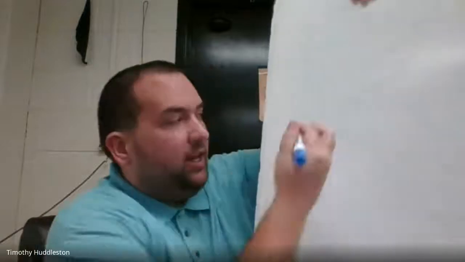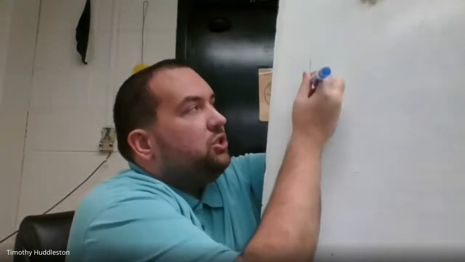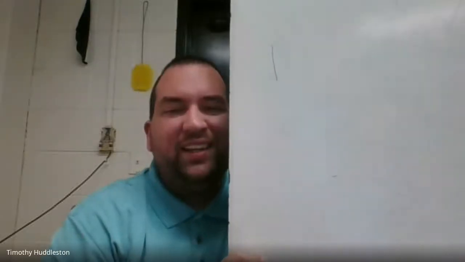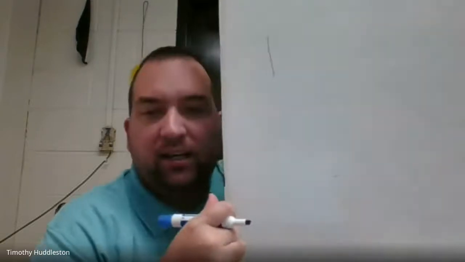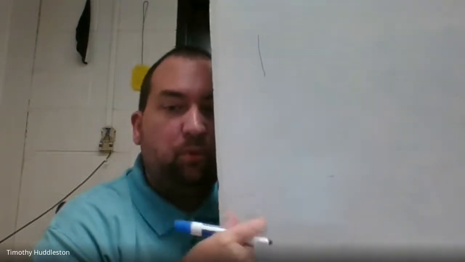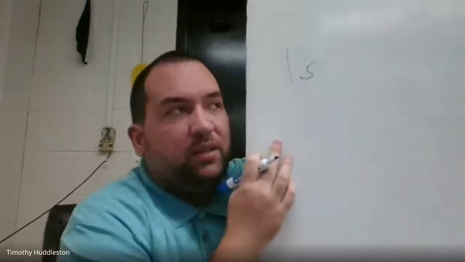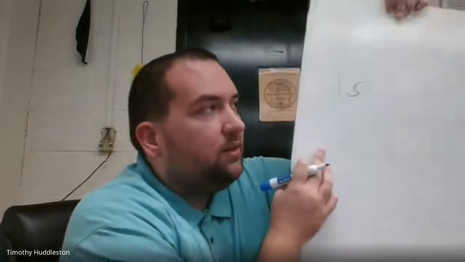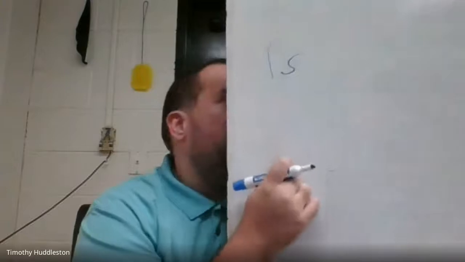What is the principal energy level that it's in? The principal energy level is 1, so I put a 1 there. Then I ask myself, what is the section of the periodic table it's in? That first block of two groups, group 1 and 2, those are known as the s block. And by the way, helium in the top right corner is also considered part of the s block. So right now I'm dealing with 1s.